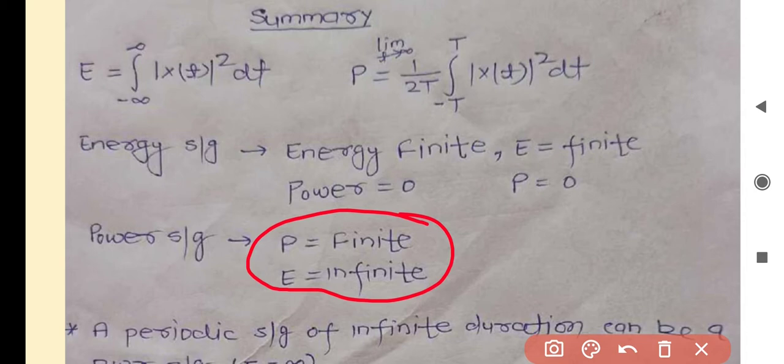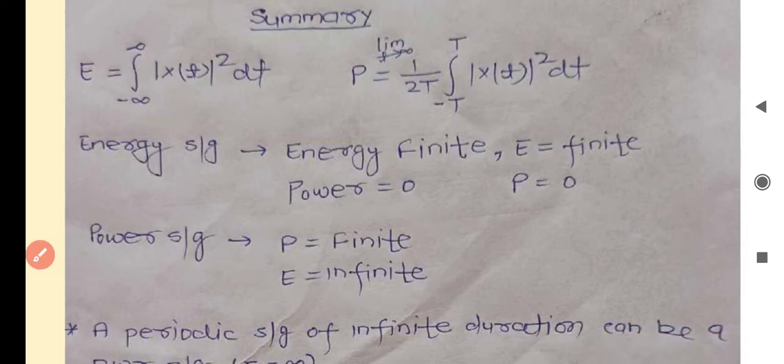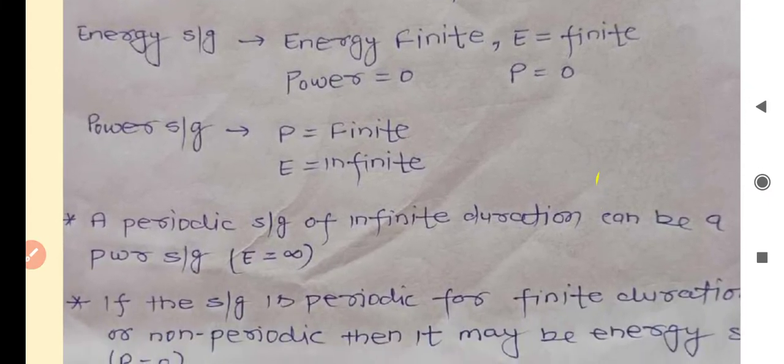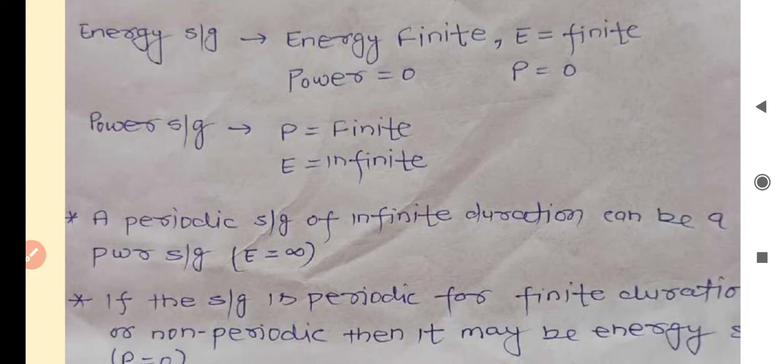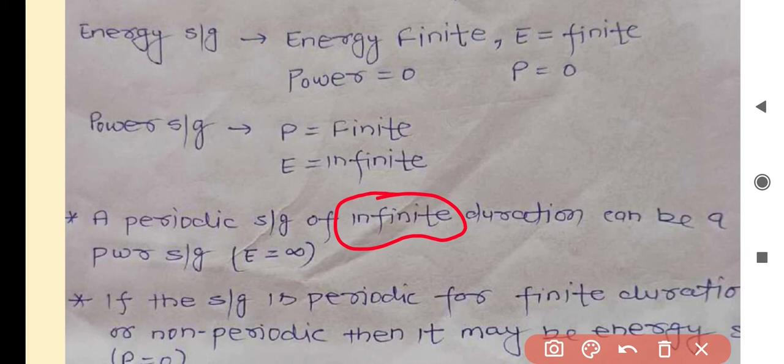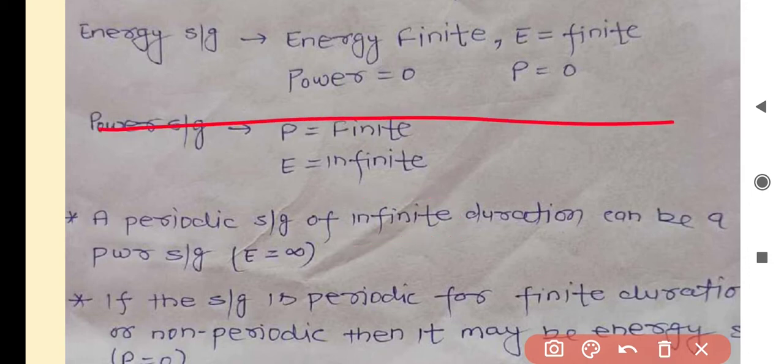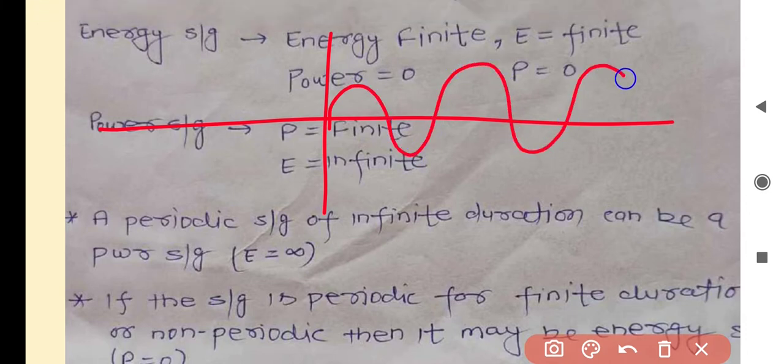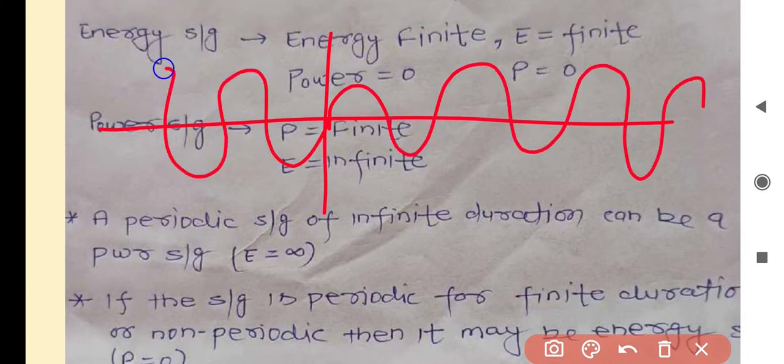There are some tricks to predict whether the signal is an energy signal or power signal. A periodic signal of infinite duration, because if the signal has infinite duration, and suppose this signal is a sine, we are considering this signal from minus infinity to plus infinity.